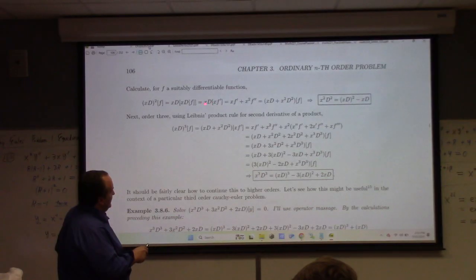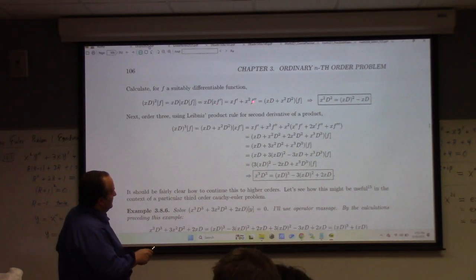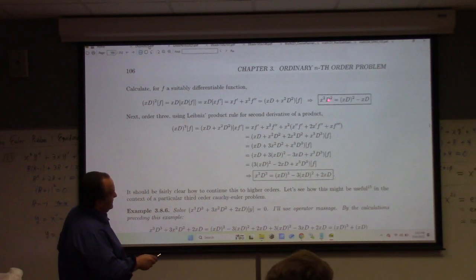And then x times x is x squared, and then f double prime. But that is xD plus x squared D squared acting on f. And since this holds for an arbitrary function f, that shows you that this xD squared is equal to xD plus x squared D squared, which if I solve for x squared D squared gives me that.